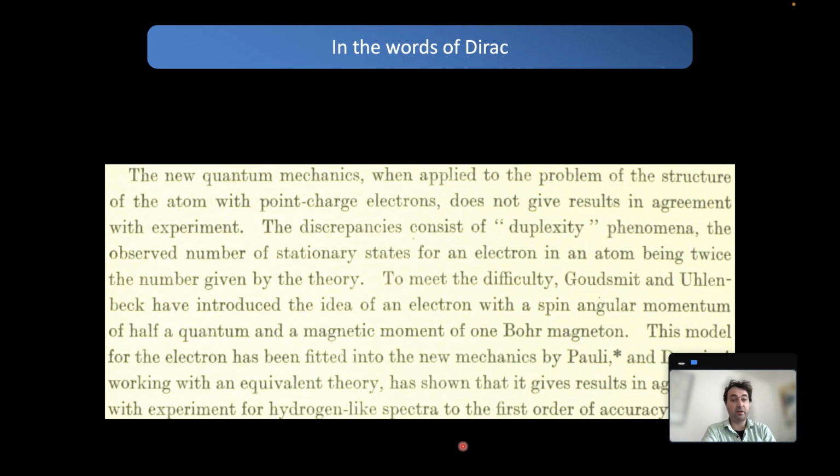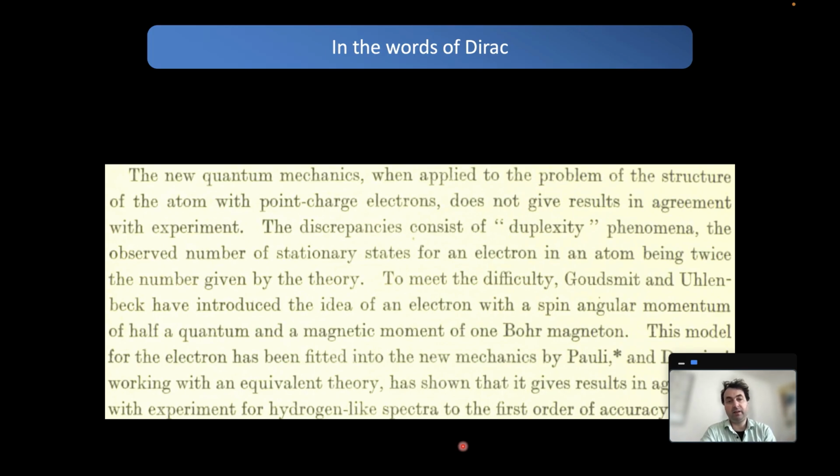It describes a lot of things, but indeed, in terms of doublet phenomena, we don't have spin, and it was very well known that we have spin. If you look at thermodynamics, you see that we have to have two states. If you look at the periodic table, you see that you have two elements per angular momentum state. If you look in spectroscopy at the Zeeman effect, you see that your states split in the magnetic field.